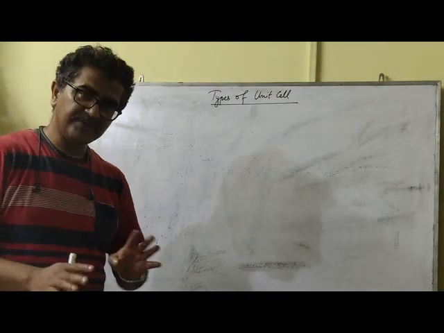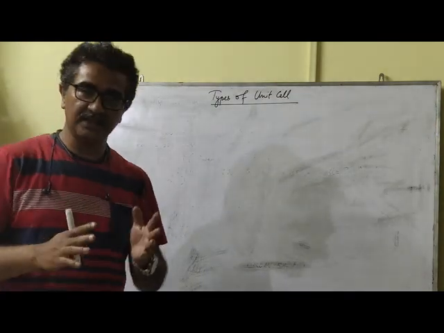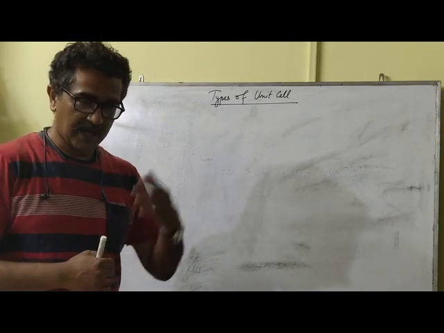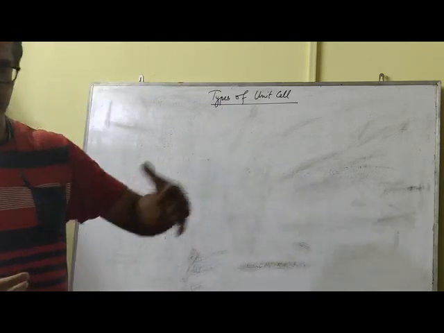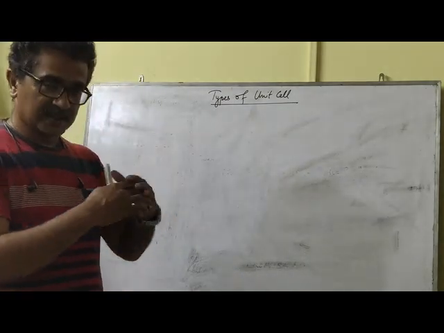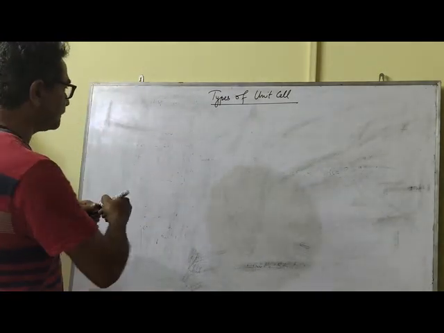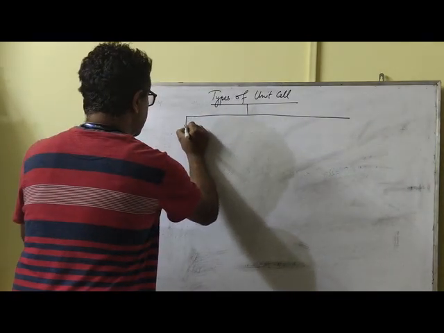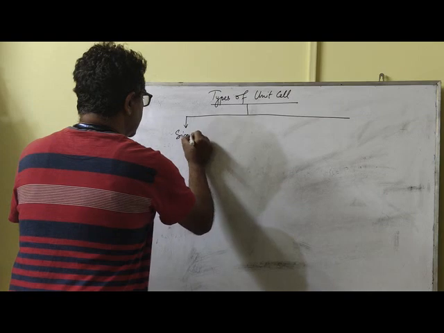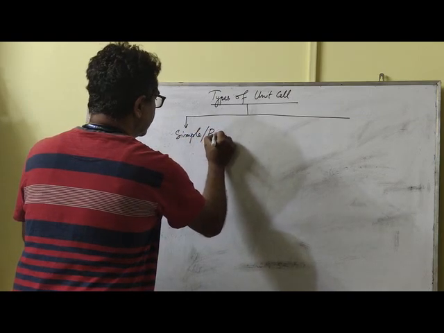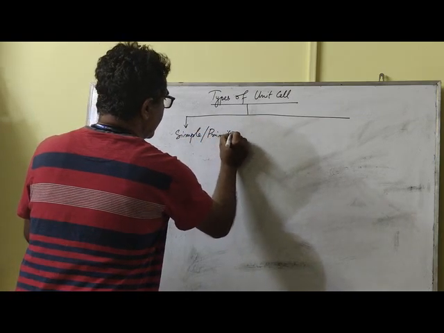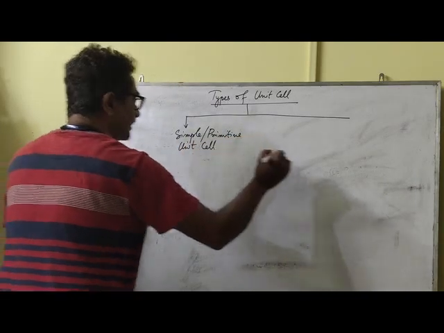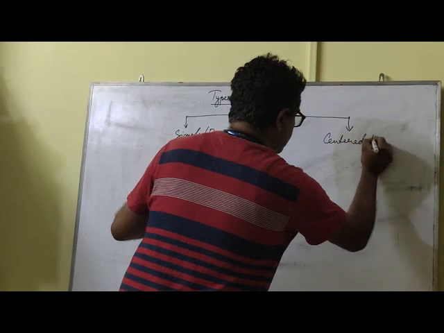Now there are 4 types of unit cell. They are first categorized into 2 groups, and the second group is again categorized into 3 groups. In any case, it's categorized into 4 groups. Imagine it to be something like this: simple or primitive unit cell, and then we have centered unit cell.